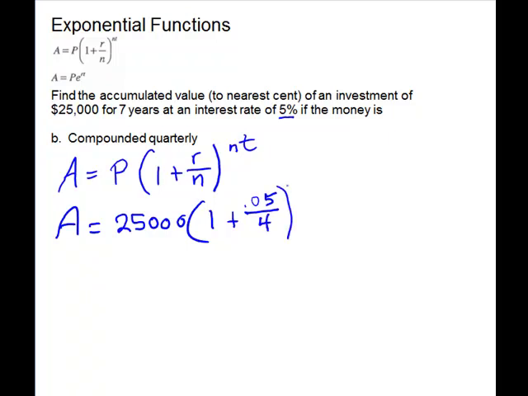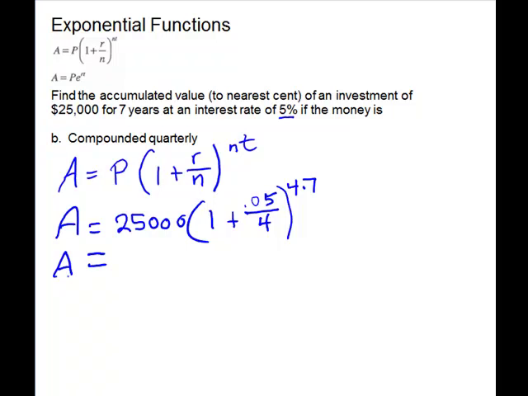Our exponent is going to be 4 times t, which is 7 years. So this time when we work it out, we'll go ahead and do the 4 times 7 is 28. Keep that in mind. Inside your parentheses, do 0.05 divided by 4 plus 1. Get the answer. Raise it to the 28th power. Then multiply your answer by 25,000.